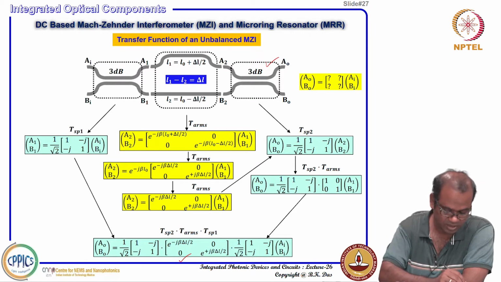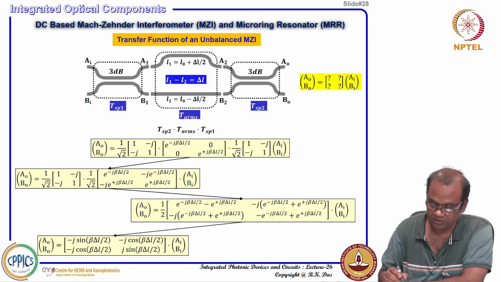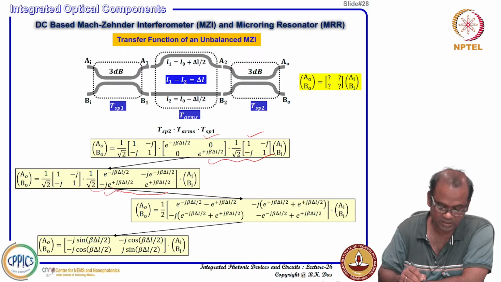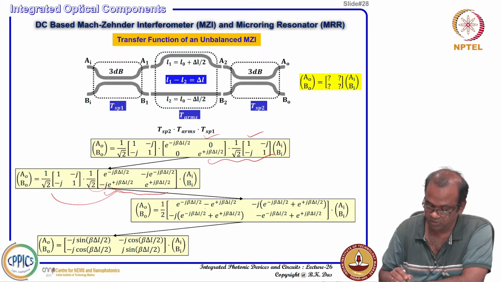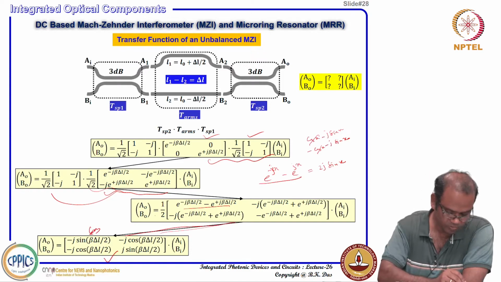These 2 I have multiplied, I get this one, 1 by root 2, and then whatever result you get you multiply by 1 over root 2, 1 over root 2, that will become 1 by 2, and this one will be there.